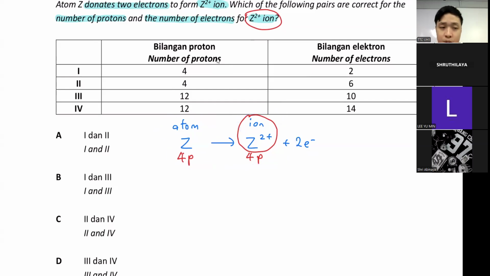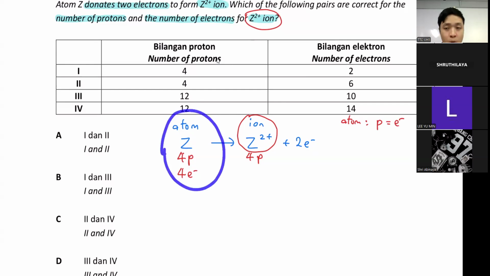Proton cannot change, but electron changes. At the beginning, for atom, 4 protons means 4 electrons, because for an atom, the number of protons equals the number of electrons.